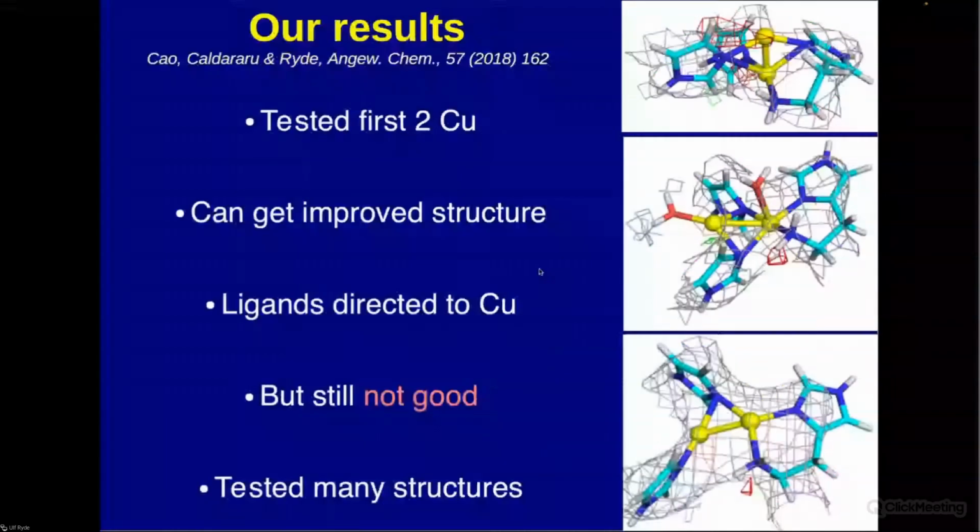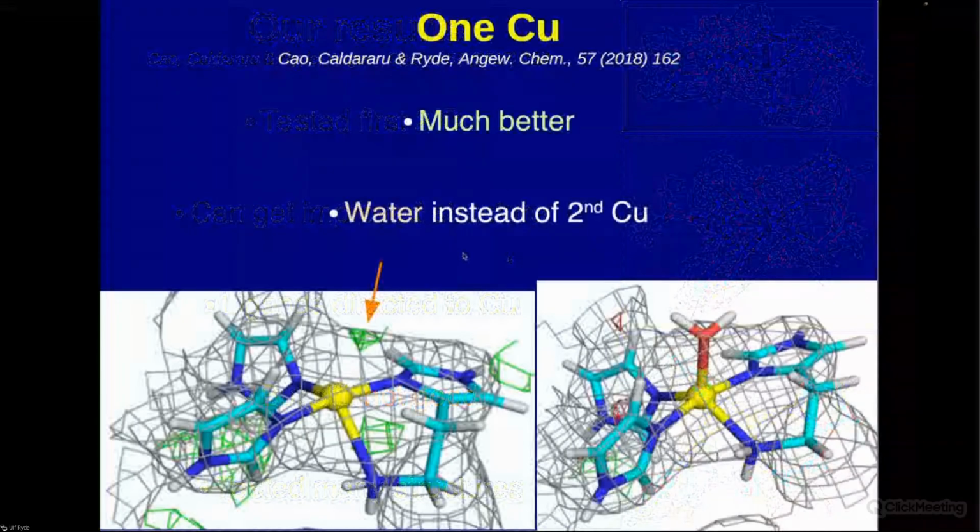So we started to do this site with 2 copper ions, and we could get a little bit better, so at least the ligands point towards the metal, but it still has a strange structure. We tried to add more water molecules to give it more ligands, but still we got only a strange structure. And then at the end, we decided to use just 1 copper ion.